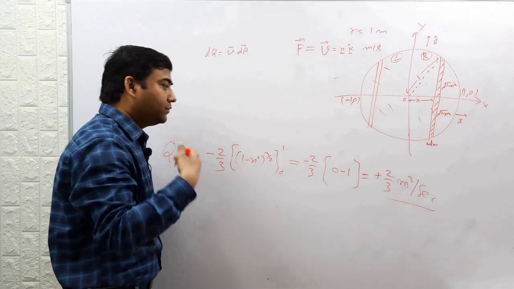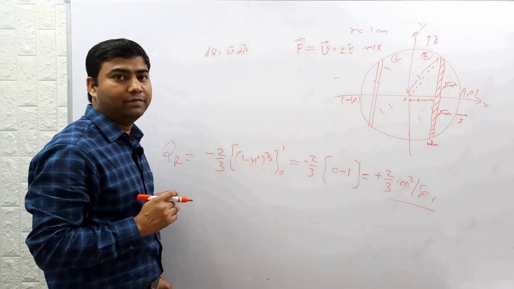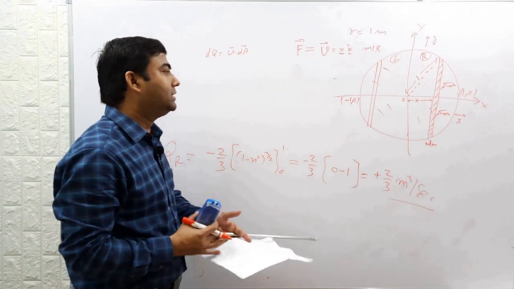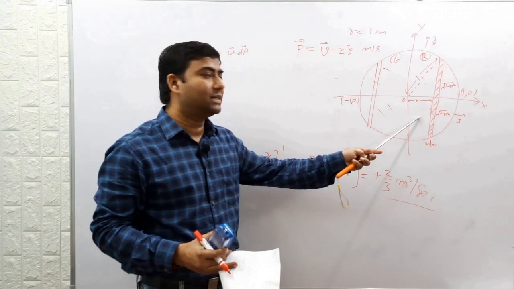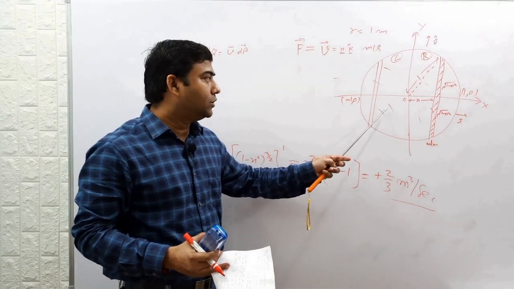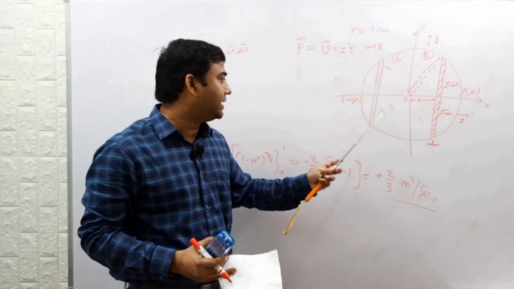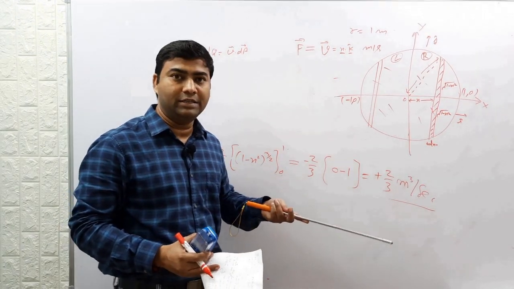But for your understanding of why it is coming positive in one case and negative in the other, I have mentioned that in this half both vectors are positive, velocity and area vector, and in this half velocity vector is downward and area vector will be the same, because that is our convention for area vector.